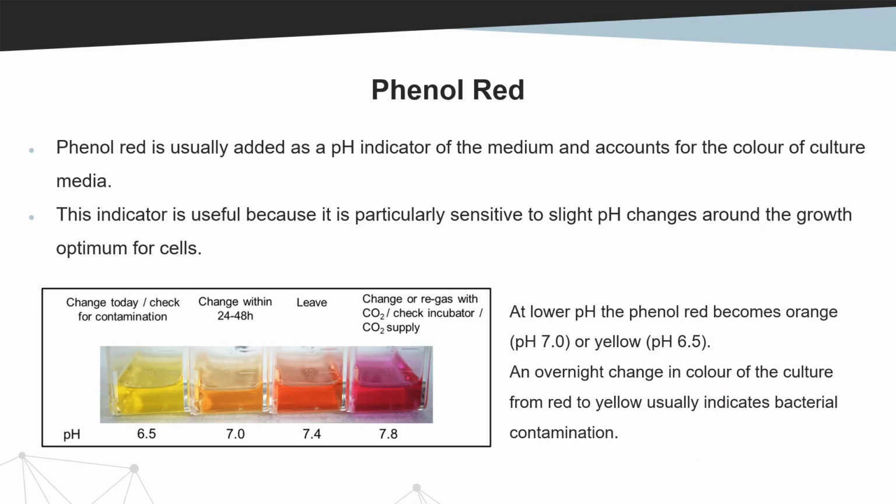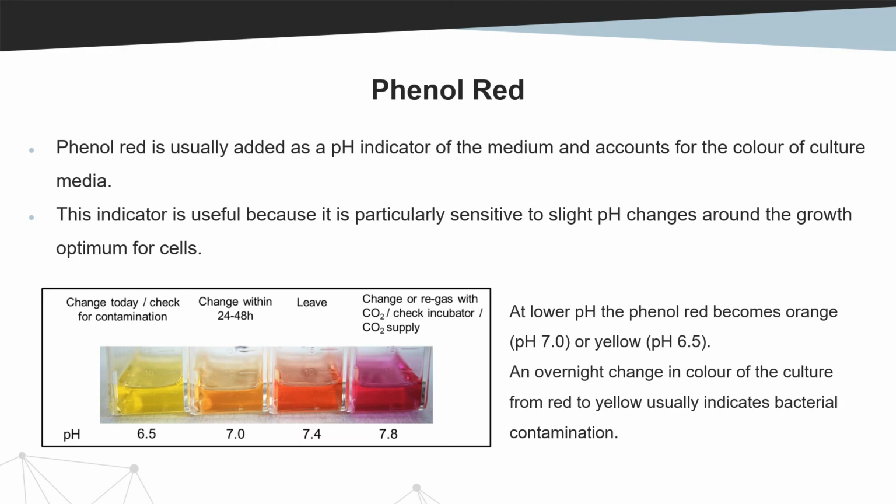Generally, cell culture media is also supplemented with an indicator dye called phenol red. This phenol red is added as a pH indicator of the medium and it accounts for the color of your cell culture media. This indicator is really useful because it is particularly sensitive to slight pH changes around the growth optimum for cells.